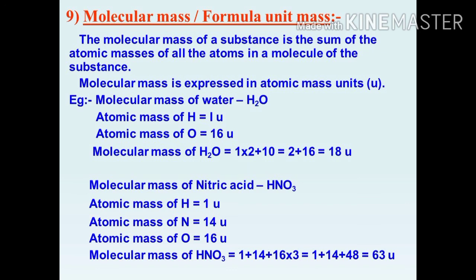Then we apply these values in the formula HNO3. Only one hydrogen, so 1, plus one nitrogen 14, plus 3 oxygen, 16 into 3, which is 48. Then you add all the values. At last we get 63.